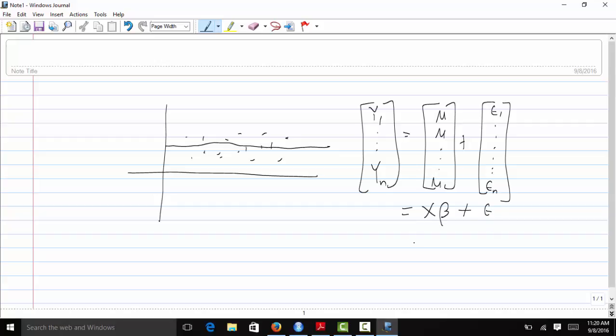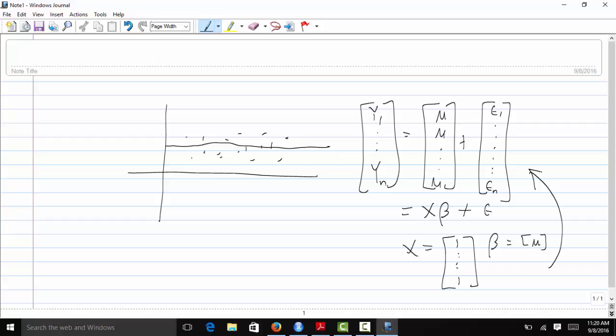Which means that X, in this case, is just going to be a column vector of 1s, and beta is just a 1-by-1 matrix mu. And if we did the matrix multiplication, then it would simplify to what we have up here.